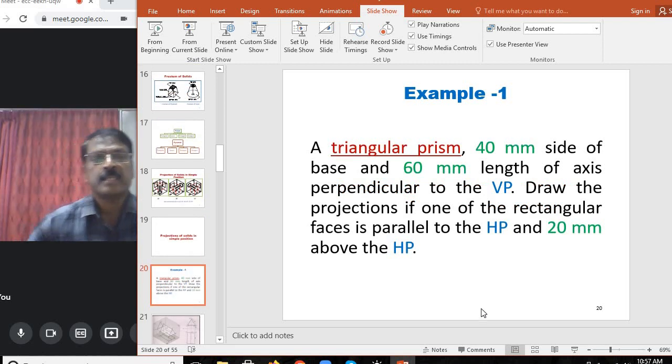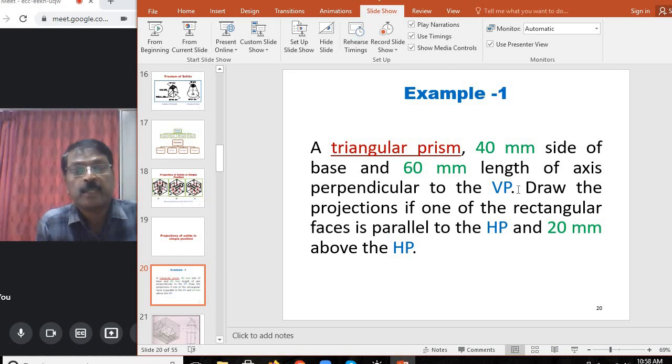Let us consider some examples. Example 1: a triangular prism, 40 mm side of base and 60 mm length of axis, perpendicular to the VP. Draw the projections if one of the rectangular faces is parallel to the HP and 20 mm above the HP.